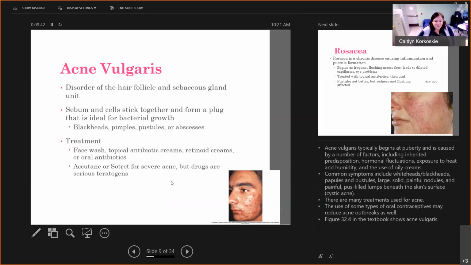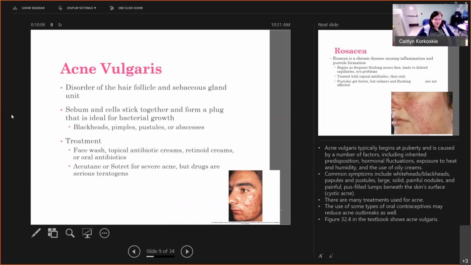So you'll have blackheads, pimples, sometimes pustules or abscesses. That can be pretty painful, particularly for those who have abscesses rather than just regular acne. Acne vulgaris would be the type where you see someone with larger abscesses. They are pretty painful for patients.